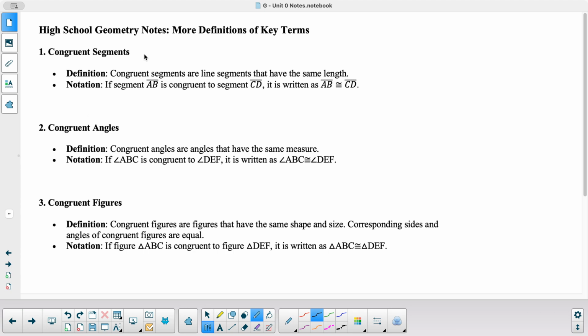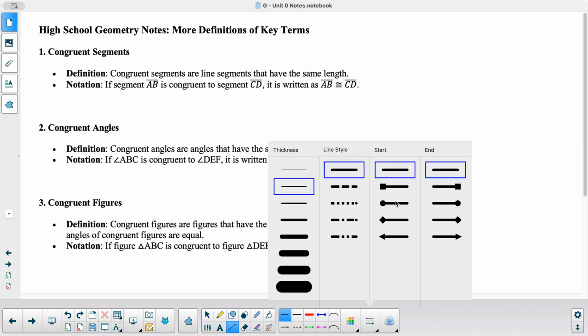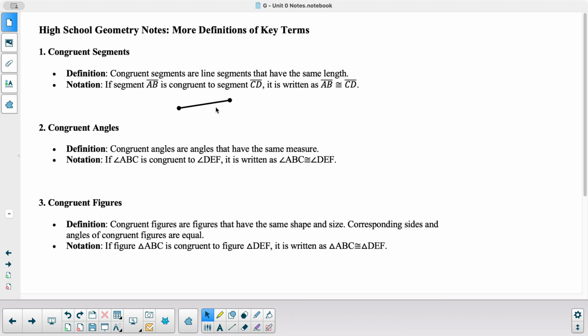So more key terms: congruent segments. Congruent segments are line segments that have the same length. If segment AB is congruent to segment CD, it's written as segment AB is congruent to CD in this notation here. So to do this, I'll make this easy. We'll draw a segment here. I'm going to take the same thing and clone it so I know it's the same exact segment.